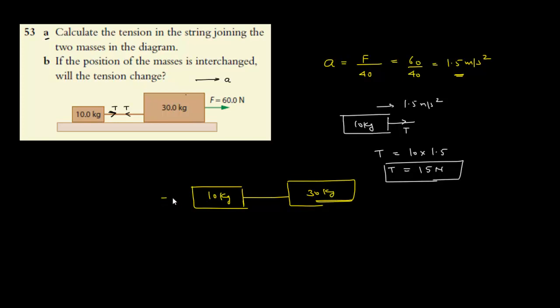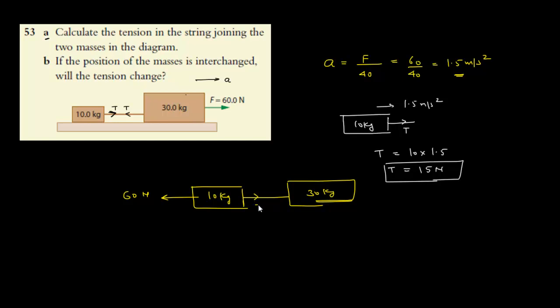Now the external force is on this side. Clear? He is saying that if the position of the masses is interchanged, this force is to be applied on the 10 kilogram block, or you can place this 10 kilogram block here, 30 here, and the force of 60 Newton is applied on the 10 kilogram block. I have just shown it this way.